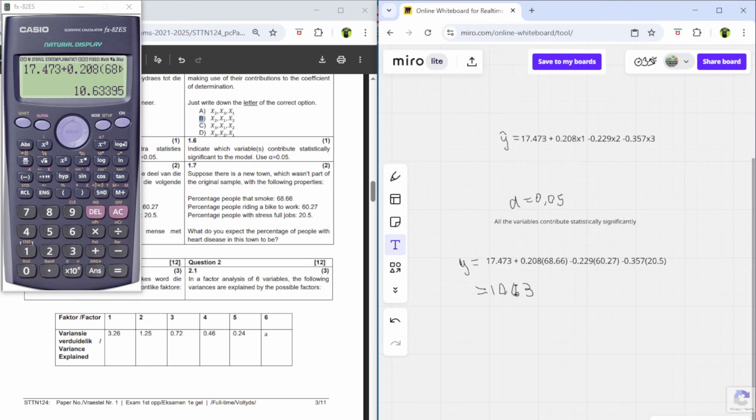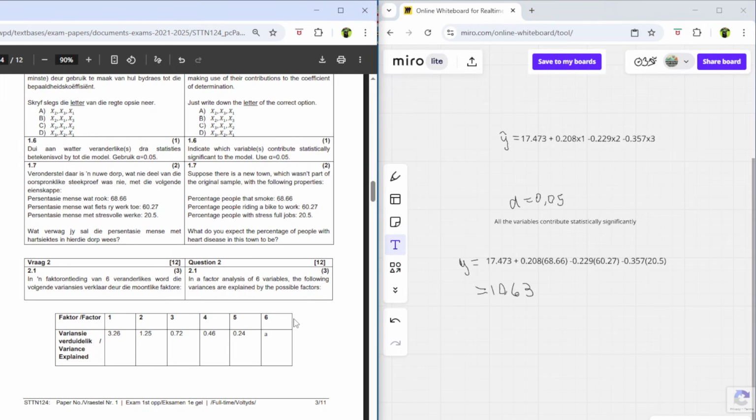So that is how we found that we're expecting 10.63% of people in that town to have heart diseases. And that is question one, the question one that we have here.